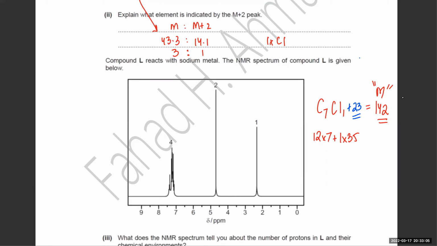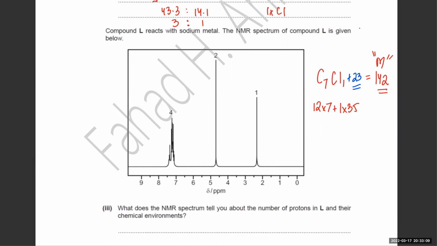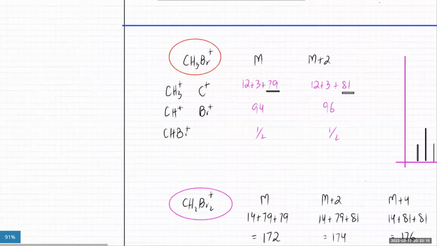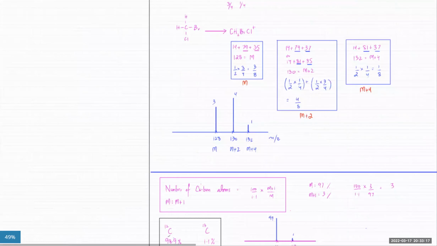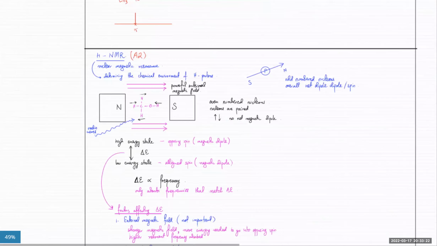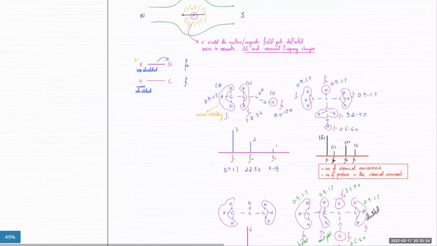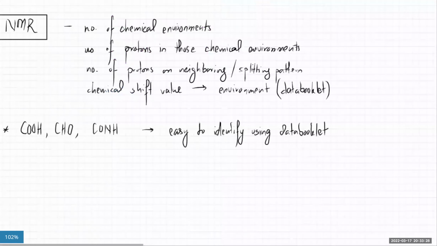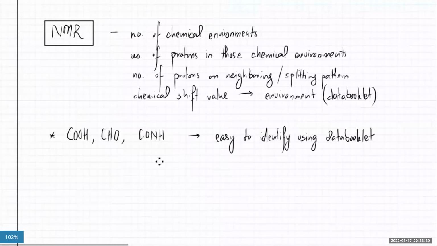Now the NMR spectrum is given. Remember, what did I tell you about the heights of the NMR spectrum? What information do you get from the height of the NMR spectrum? I told you that it gives you the number of chemical environments.